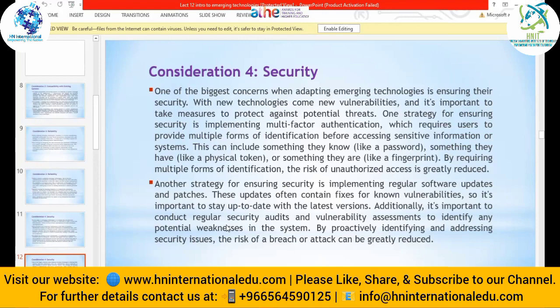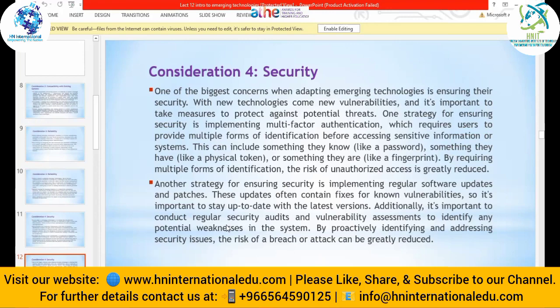After that password, there can be a card to access the code, or sometimes a fingerprint. So with more identification or authentication factors, there will be fewer chances of getting hacked. And another strategy for ensuring security is implementing regular software updates and patches.